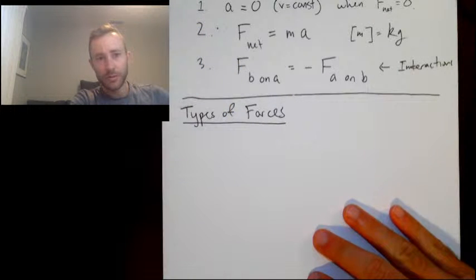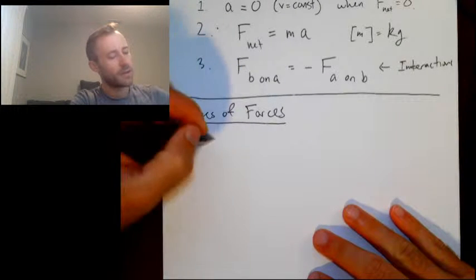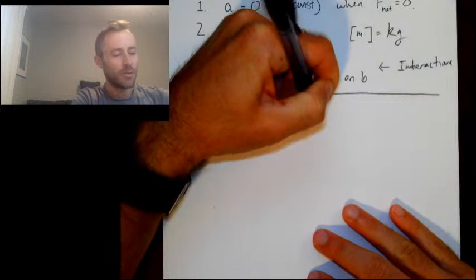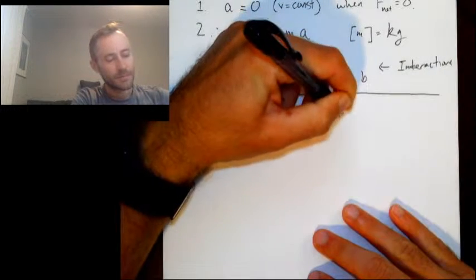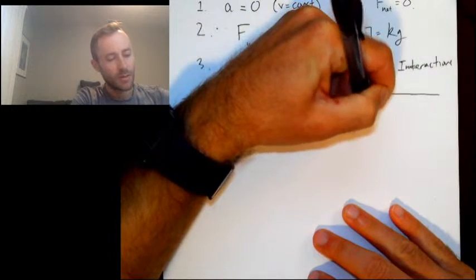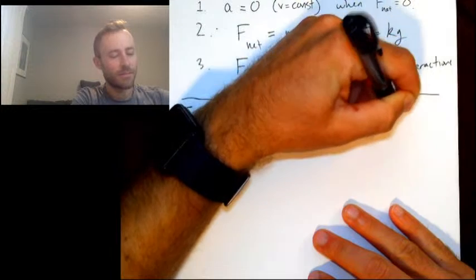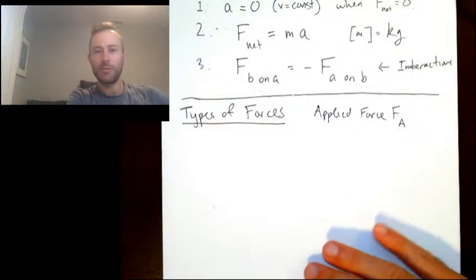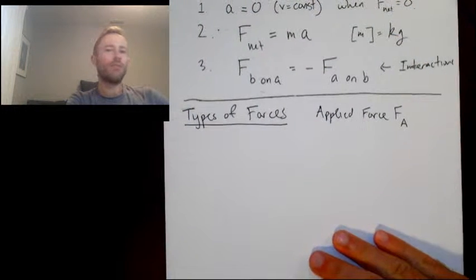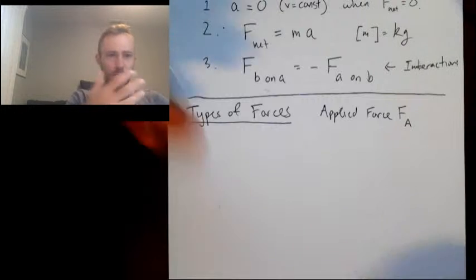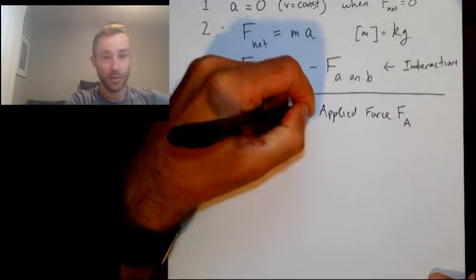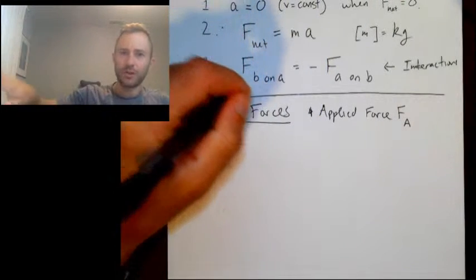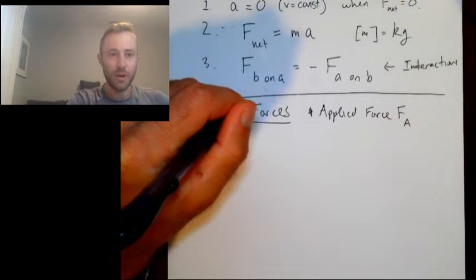So the first force is just an applied force, which I will call F sub A for applied. And applied forces are simply an unspecified force, okay? So if you just push on something, that's just called an applied force.